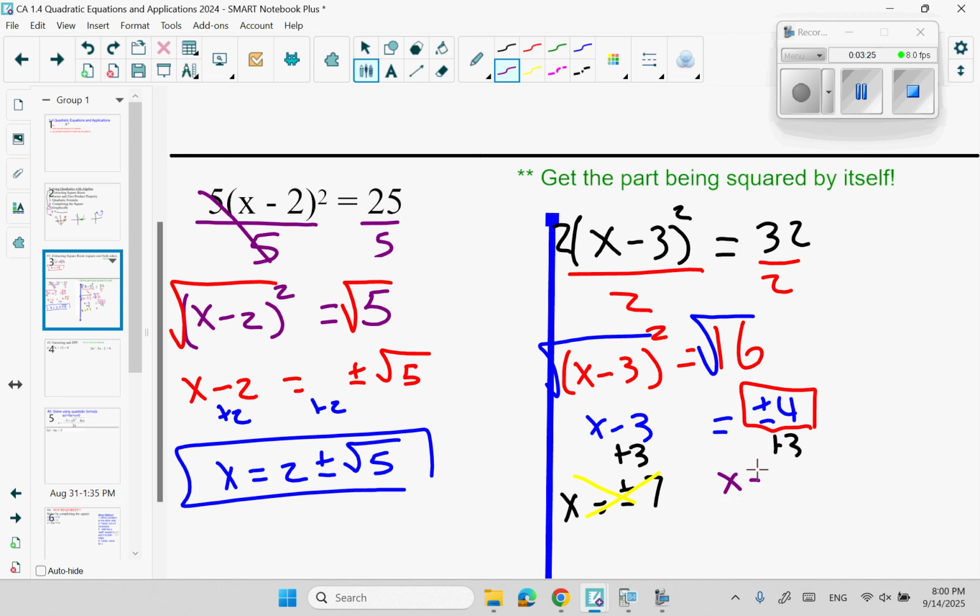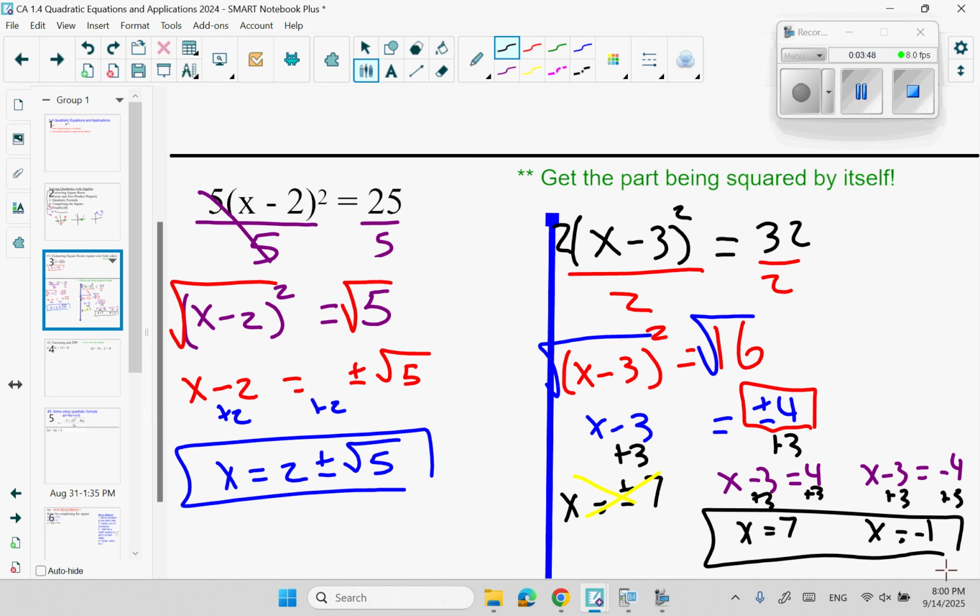So you'd write it out as x minus 3 equals 4 and x minus 3 equals negative 4. And you would add the 3 independently. So this first one, we get positive 7, which is absolutely true. But adding this 3 to negative 4 does not give me the negative 7 from earlier. That would give me negative 1. So that process would get you one of the solutions. You have to remember that you get 2 separate individual solutions.